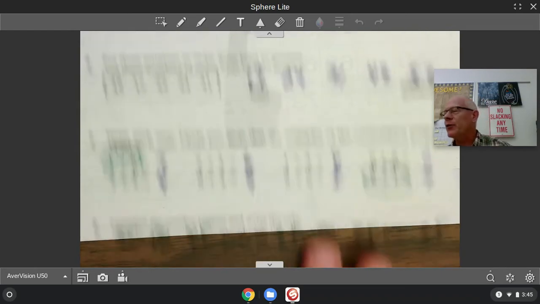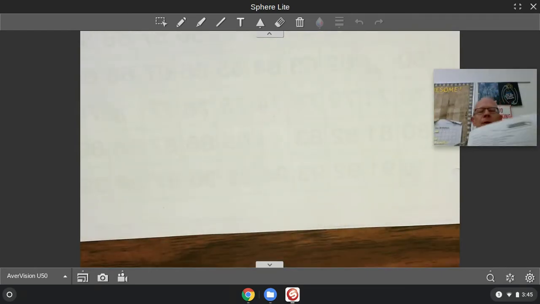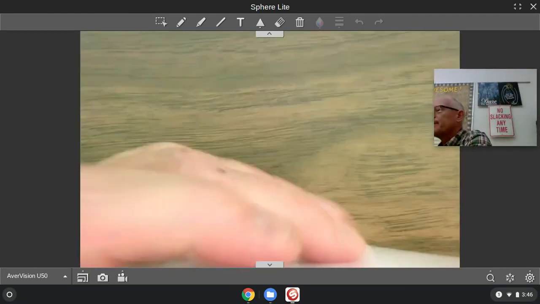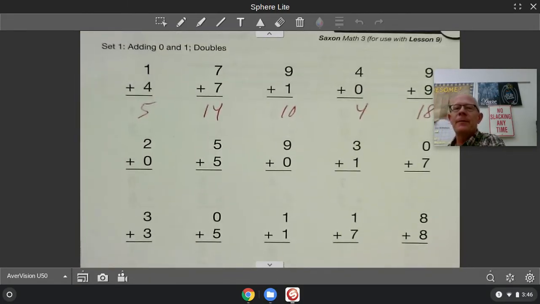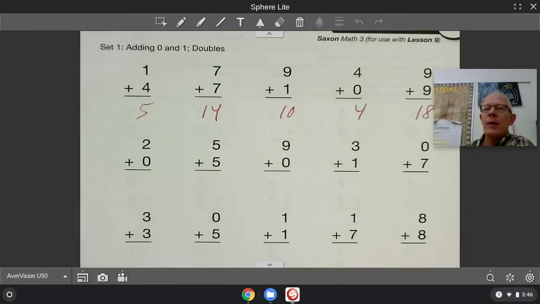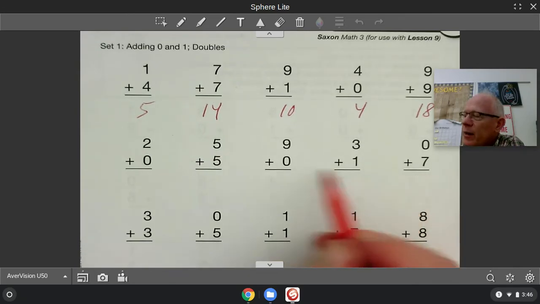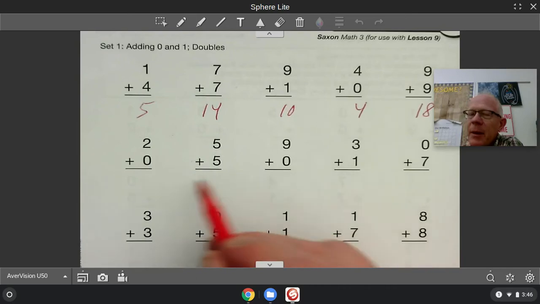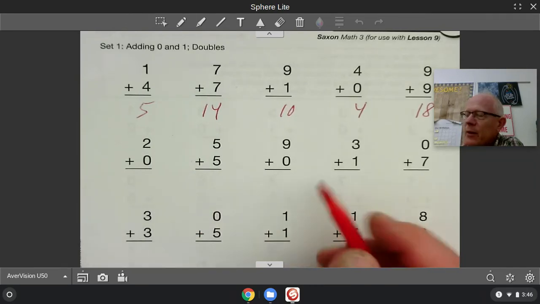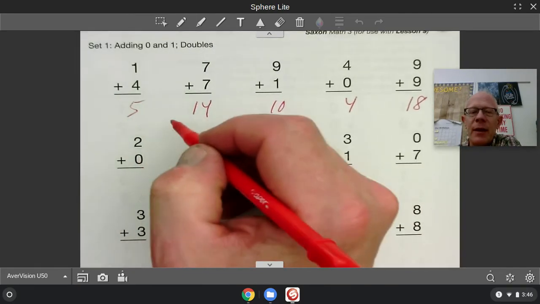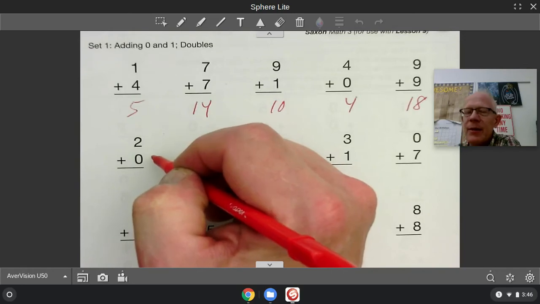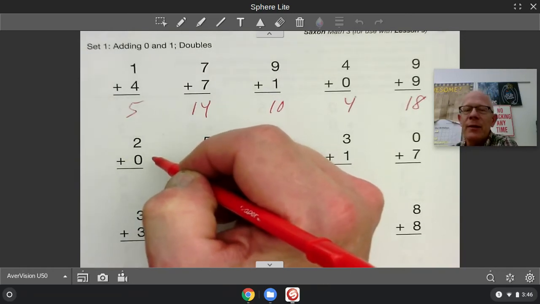Now, I also asked you to do this sheet, right? So I'm going to show you the answers for side A, but I also want to remind you how I do these when I am timed. I always start at this end so I can see the next problems, and my mind can be thinking of the answers. If I go like this, and I'm just working on this one, I can't see the next ones.